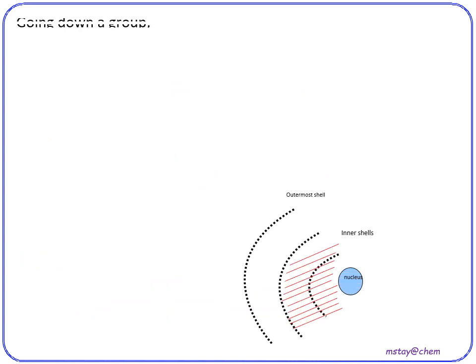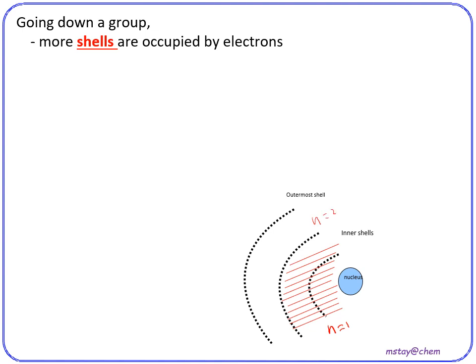Now let's continue with the explanation. When going down the group, more shells are occupied by electrons. For example, in group 1, the electron in shell n equal to 1 will shield the electron from n equal to 2, while for the outermost shell n equal to 3, the electron will be shielded by n equal to 2 and n equal to 1.